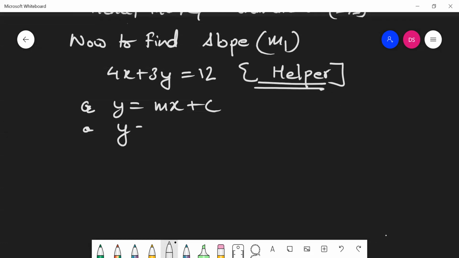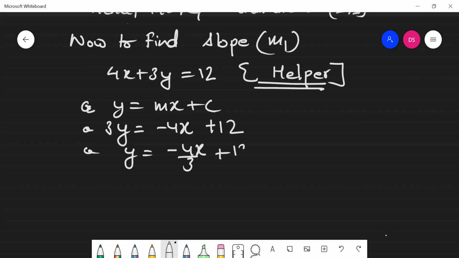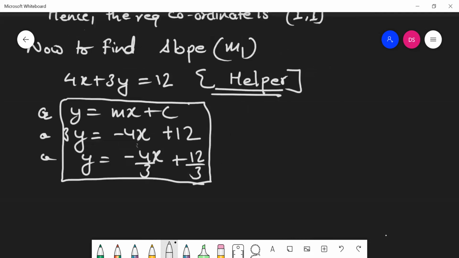So 3y equals minus 4x plus 12, or y equals minus 4x by 3 plus 12 by 3. Okay, so this is just the conversion method, but there is yet another, much easier method to find the slope. I was just giving this information, but if you feel it's a little difficult, actually it's not that difficult, but there is another method also.